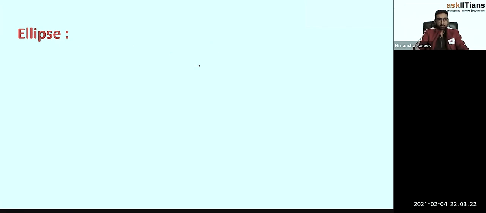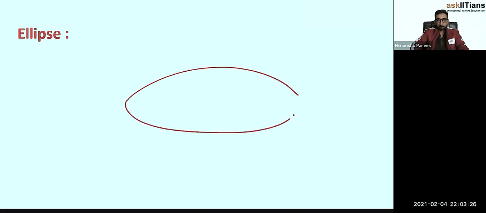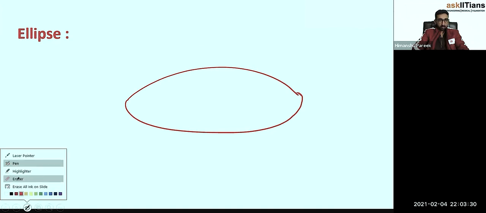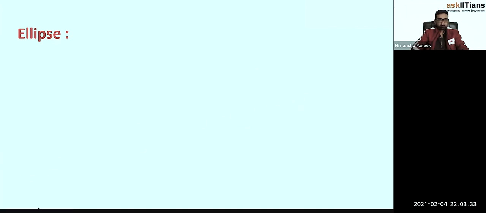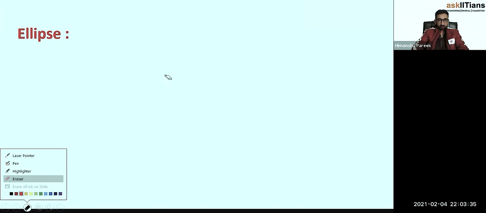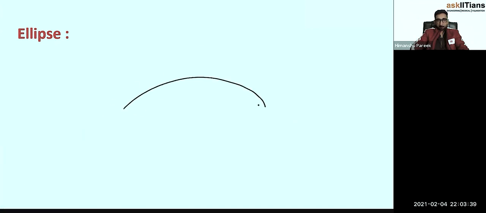So if I draw the ellipse, it looks like a flattened circle. Okay, assume it is an ellipse, it's like that.